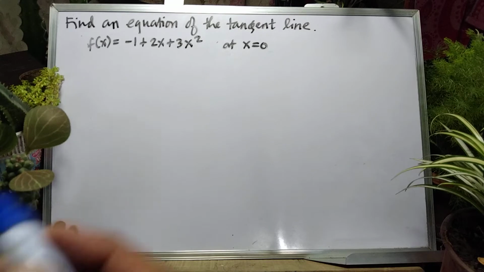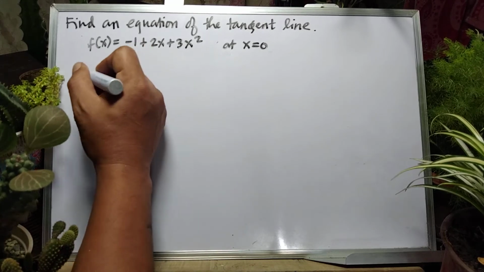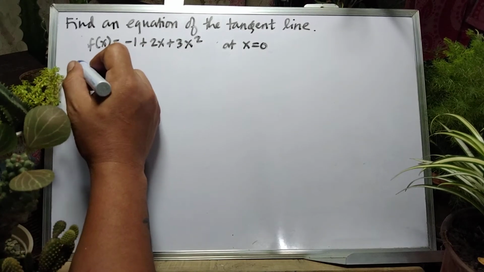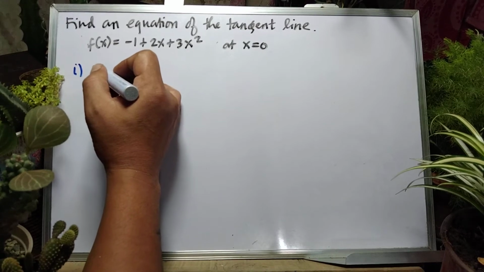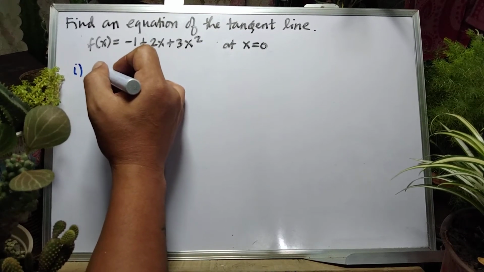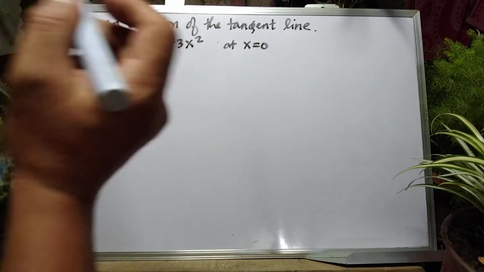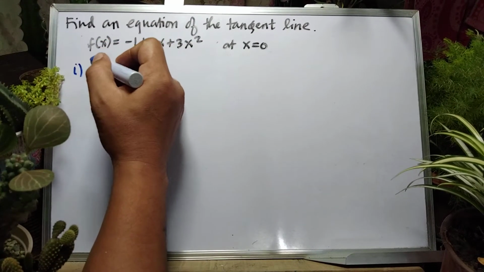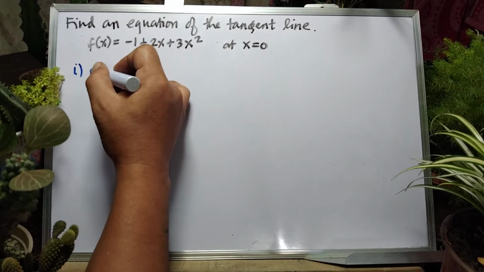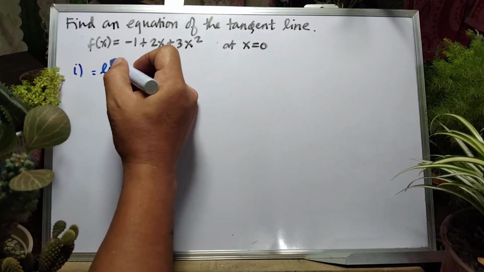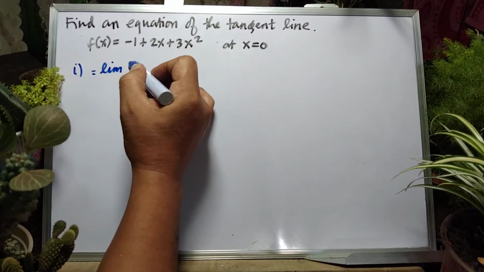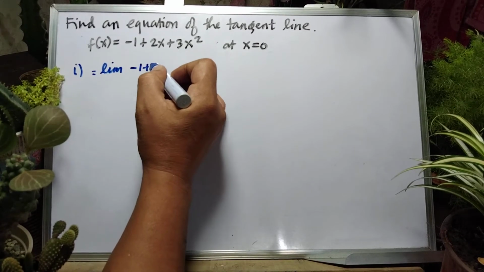Okay, first step is step 1. We need to solve that one, no? Using the limit definition. Okay, so you have here f prime of x is equal to the limit of, we just copy this one, negative 1 plus 2x.